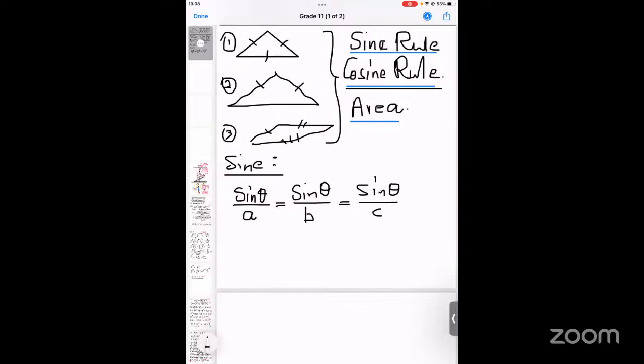We have A, B, C. Why A, B, C? Simply because a triangle has three sides.